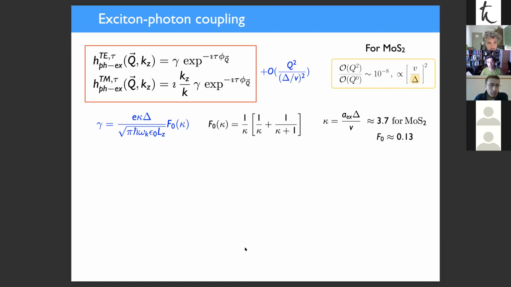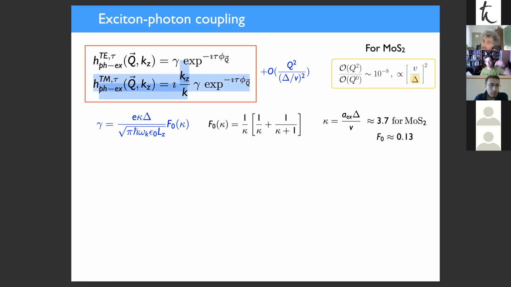I'm not going to enter into the expression for the coupling coefficient. It's sufficient to say that you can couple to both the TE and TM polarizations. The coupling with the TE polarization has an amplitude, and the coupling with the TM polarization has an amplitude that now depends on the fraction, so to speak, of the incoming wave vector that is along the normal direction.